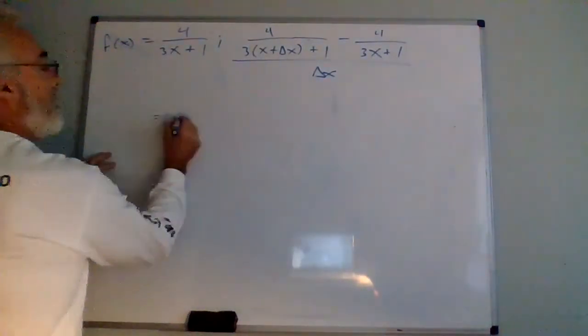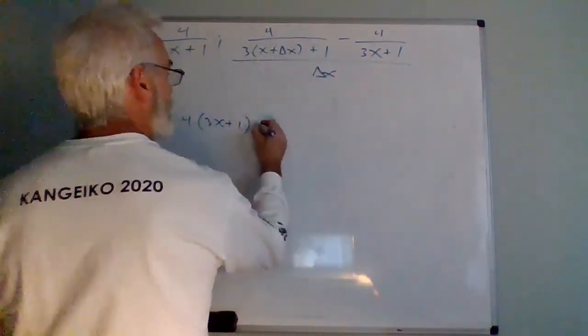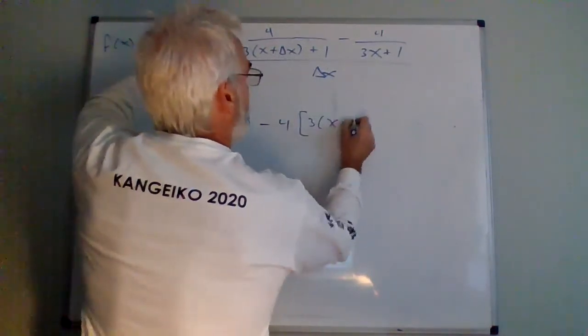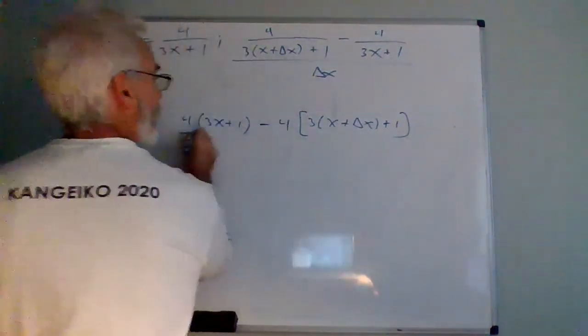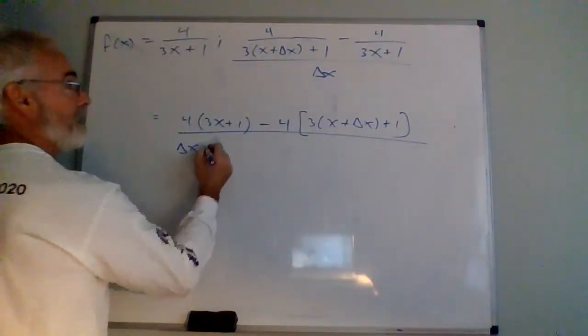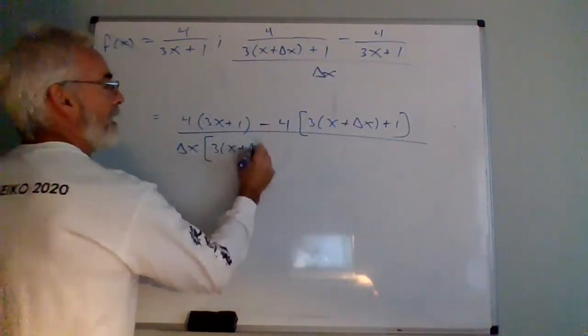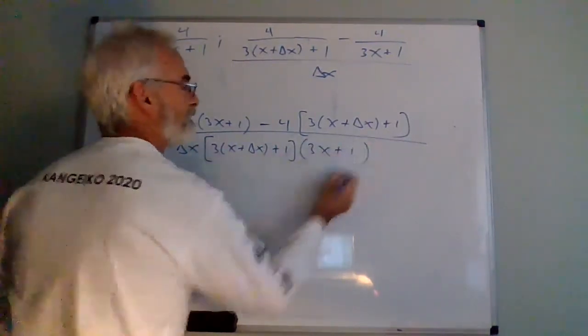So when I perform that step, this will become 4 times 3x plus 1, because that term would cancel, minus 4 times 3x plus delta x plus 1, because then that term would cancel, all over delta x times, again, the product, which would be 3x plus delta x plus 1, 3x plus 1.